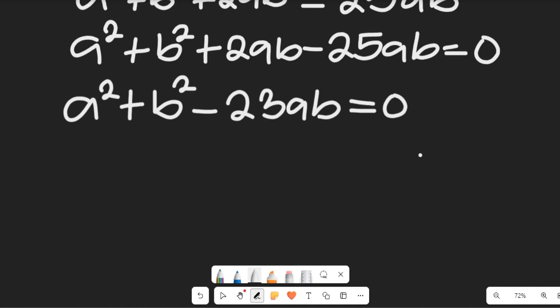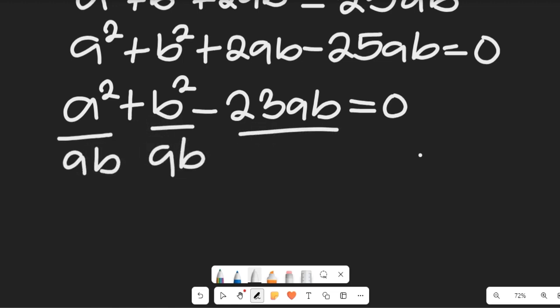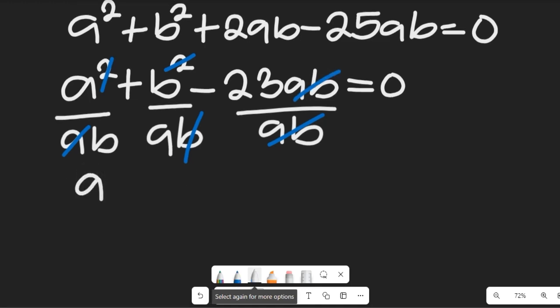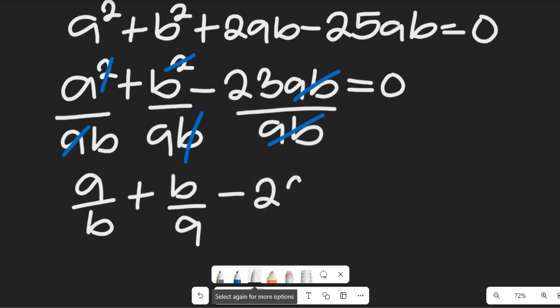So if we divide all through by ab, we can simplify this expression. That way a will cancel out a here, b will cancel out b here, and ab will cancel out ab, and hence we will be left with a divided by b plus b divided by a, minus 23, and this will be equal to 0.